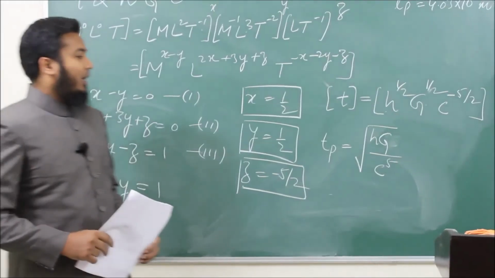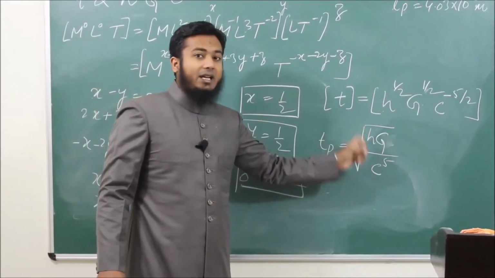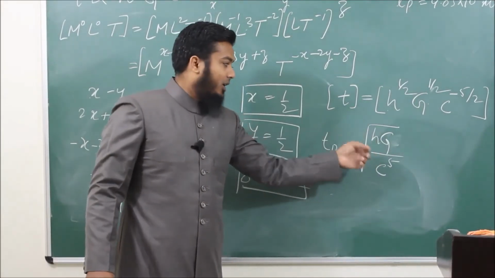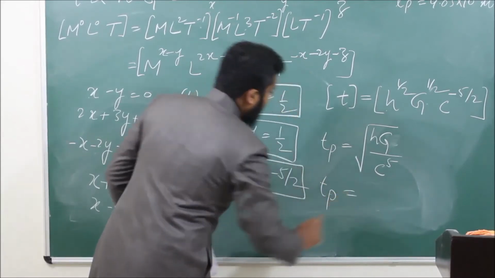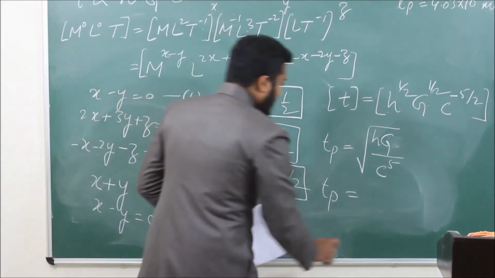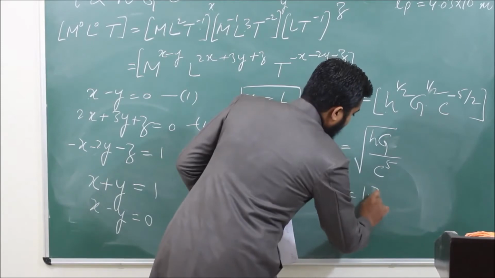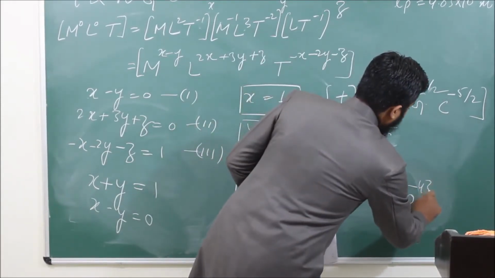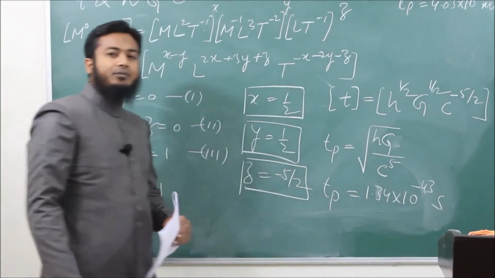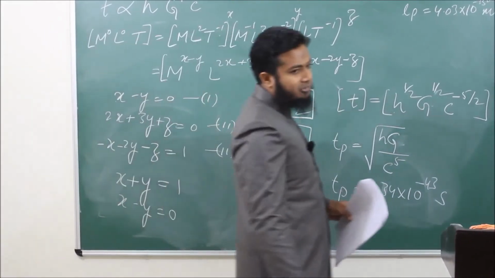So Planck time is the square root of HG over C raised to the power 5. Now, if you plug in the values, the Planck time comes out to be 1.34 into 10 raised to the power minus 43 second. A very tiny time.